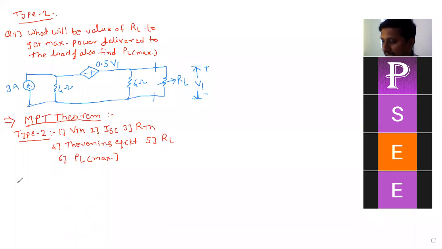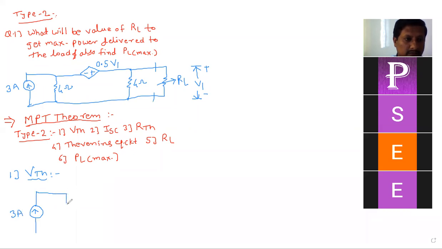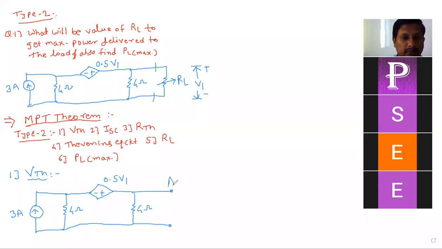I can start directly to find VTH by opening the 2 terminals A and B. This is 3 ampere, this is 4 ohm, this is plus minus 0.5 into V1, and this is the 4 ohm. So the A and B terminals you have to keep open. This is A, this is B, and across A and B we are going to calculate the VTH.